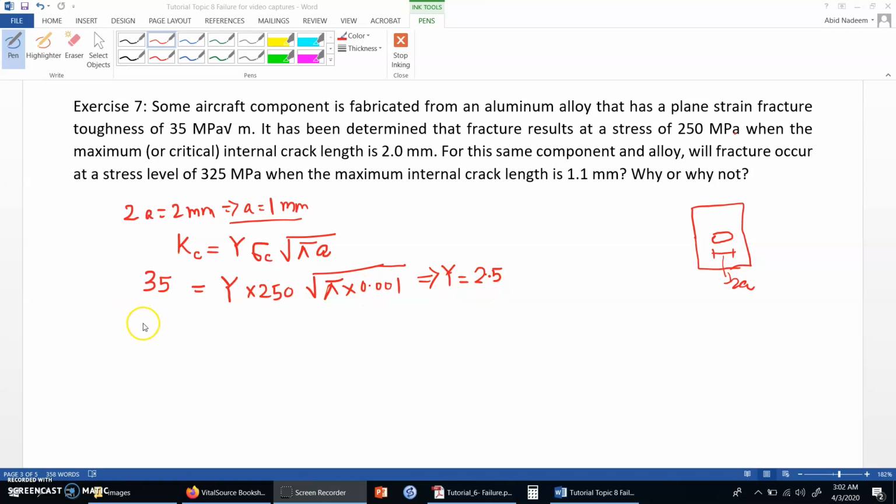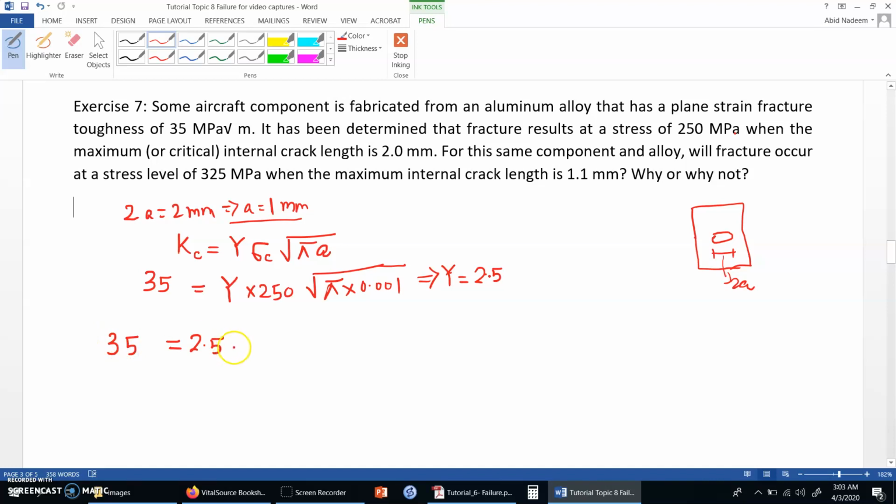Now for the second situation, we still can use this equation. We know that the value of Y is 2.5, and the fracture toughness value is 35.